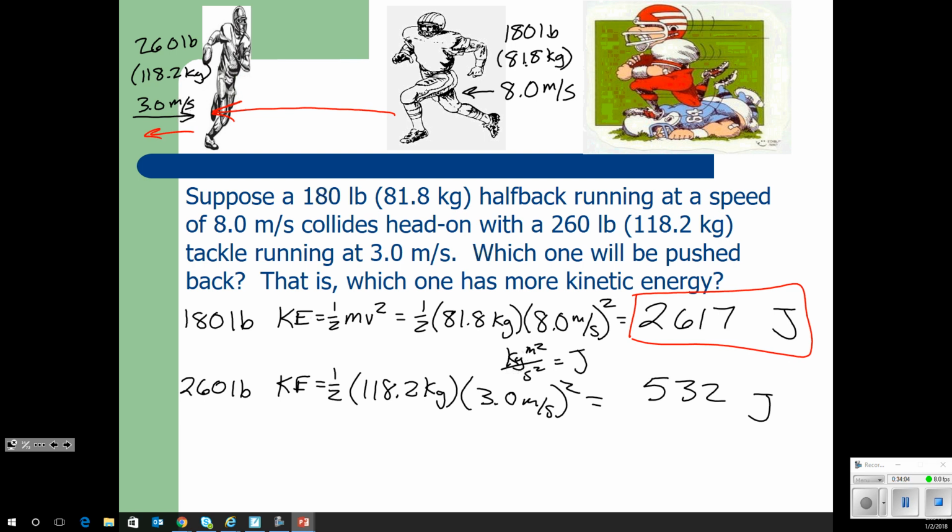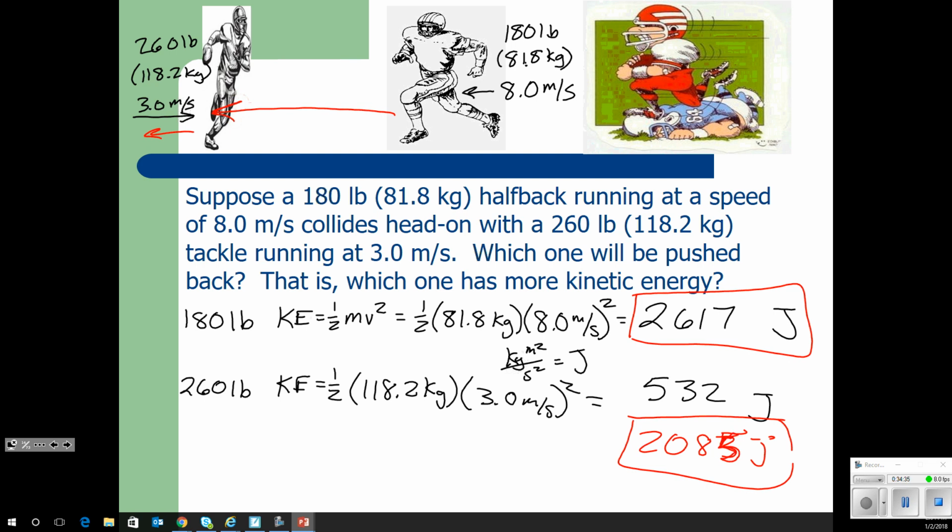All right, and we could subtract it and find out there is about 2,000... my brain just left. 17, so 83 joules that he has above the other one. Did I do that right in my head? It's an 85. See, I told you I didn't. Tried to do that in my head and it didn't work very well.